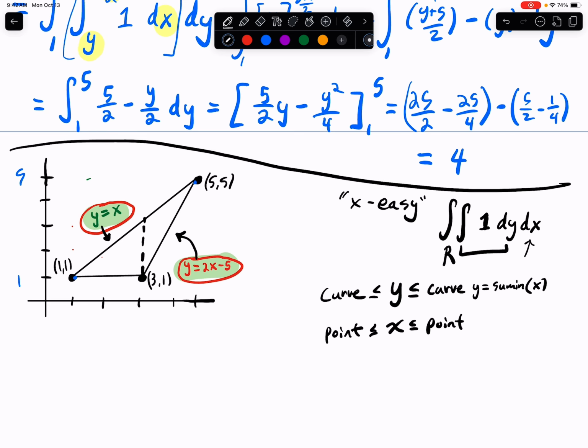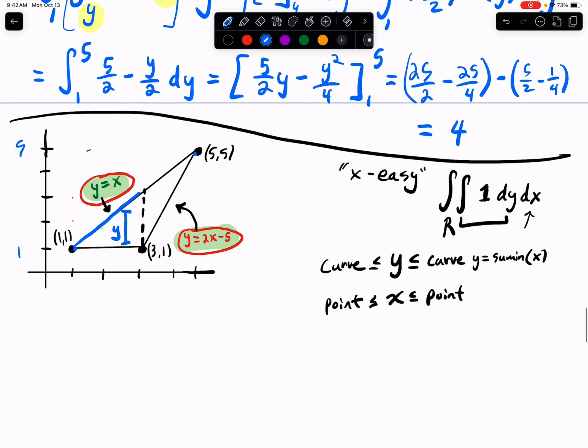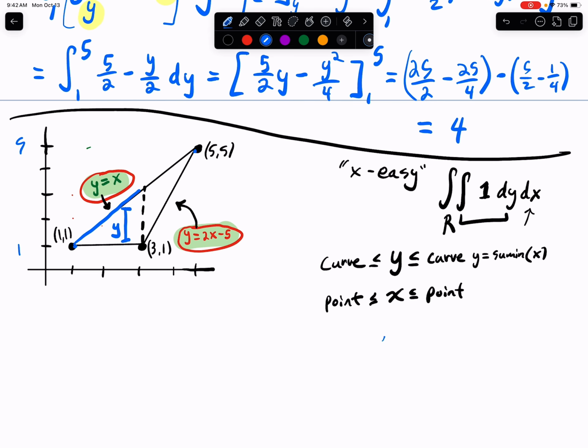Okay? So the y value, y is stuck between curve and curve. So the top, the biggest the y value ever gets is what? The biggest the y value ever gets is y equal to x. Okay?